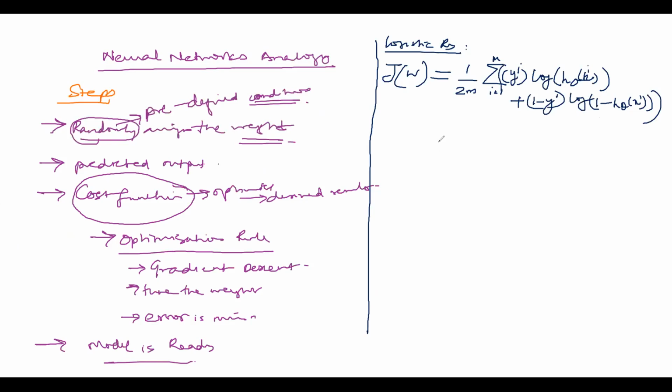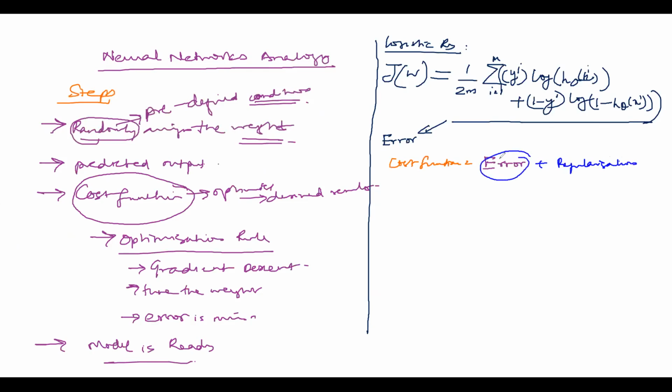Right, this is my cost function of logistic regression. Now remember, our cost function can have two terms. Tell me the first term and the second term. This is my error term.